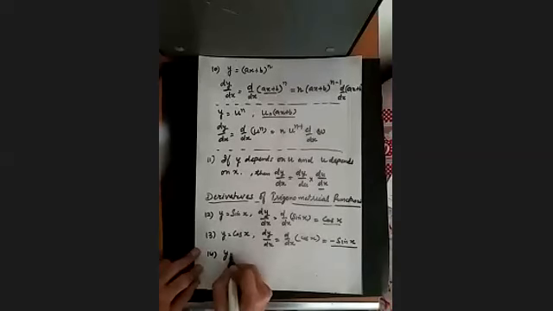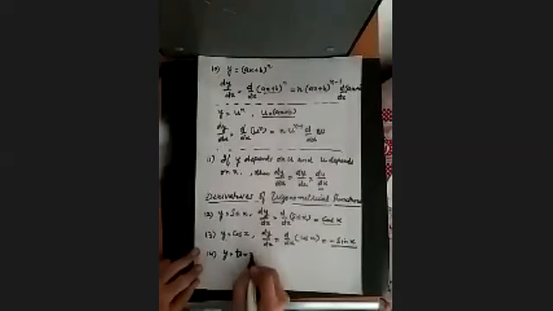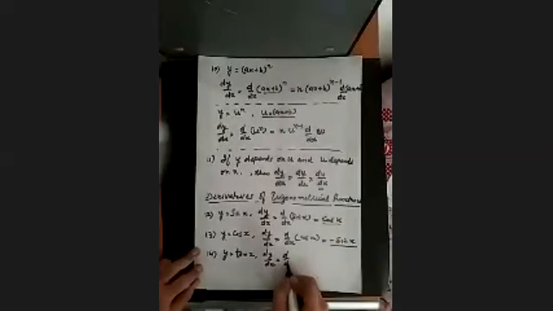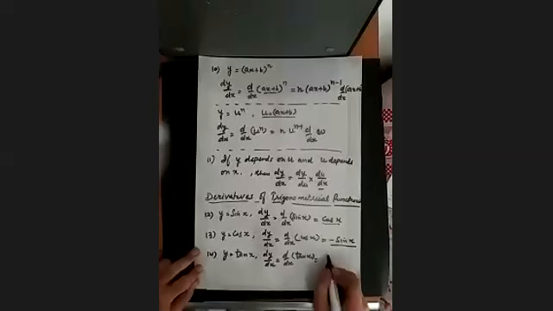If y is equal to tan x, then differentiation of y with respect to x, that is differentiation of tan x with respect to x, is simply equal to secant square x. So differentiation of tan x is secant square x.